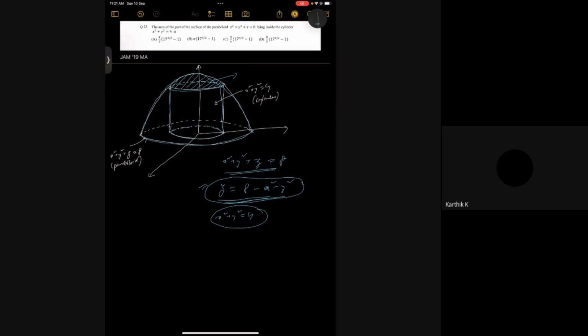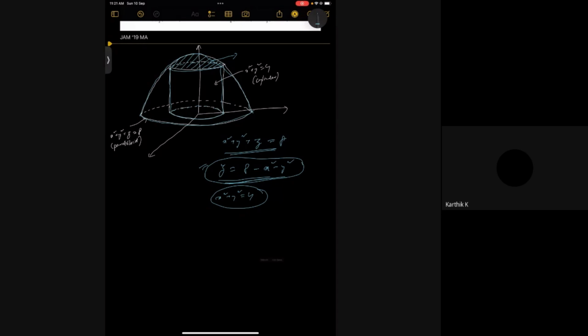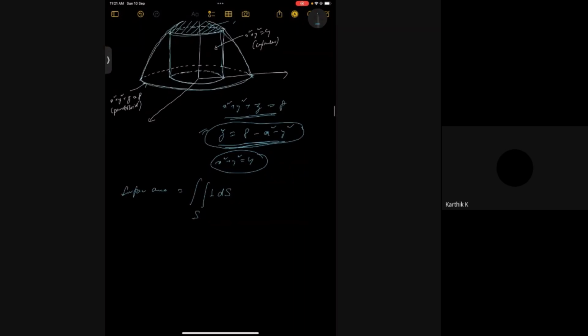So again, it's easy. We have z to be this. So the surface area is nothing but integrate the function 1 over dS, over the entire surface S that we are trying to consider.